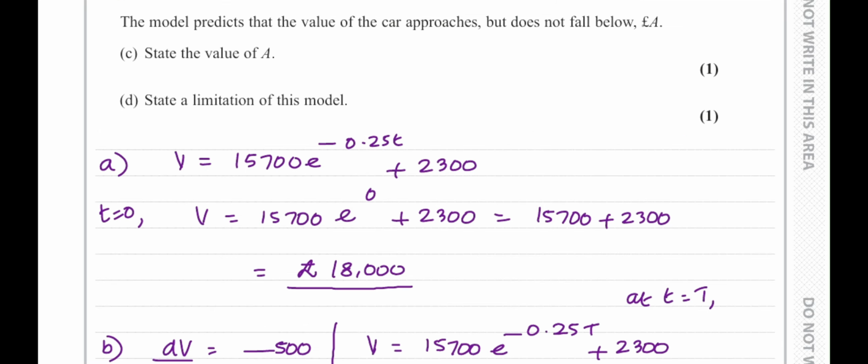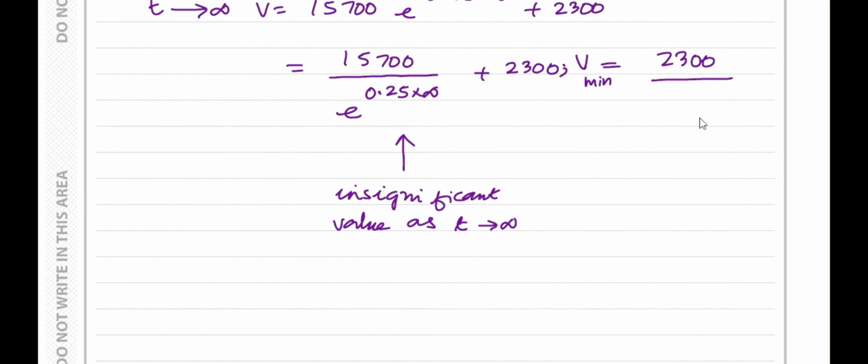Part D. State a limitation of this model. As usual, we need to make a critique of the model. We can see from part C answer that the minimum value of the car will be 2,300 pounds, which seems to be on the higher side.